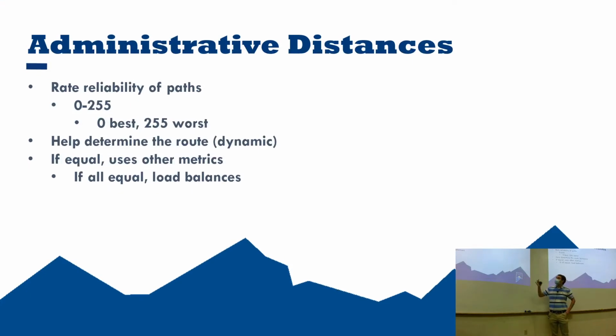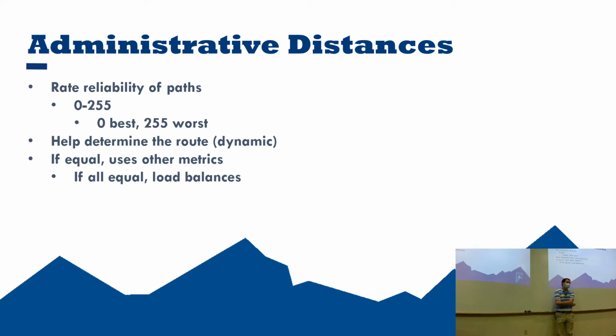So, kind of looking at the administrative distance, this is all about how reliable do we think the connection will be to get there. So, we have a scale from 0 to 255. 255 being a number we'll see a lot in here. So, if you have something that's 0, it's going to be the best possible route. If you have something that's 255, is it even going to be possible to get there?